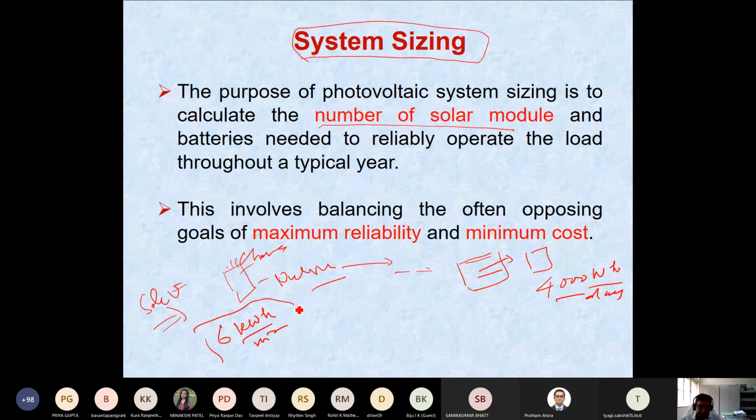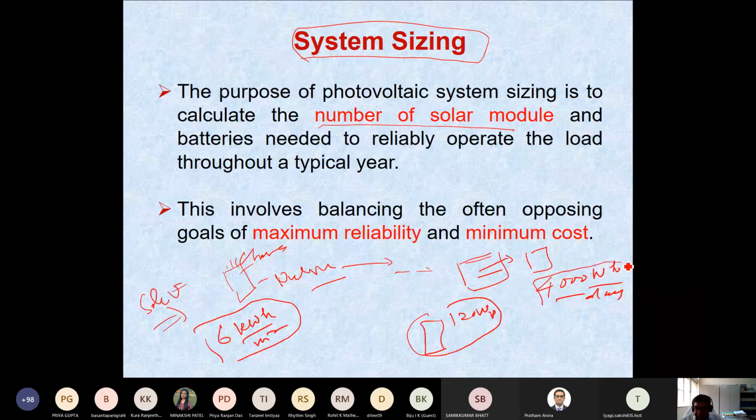And I want to select a module whose rating is, say, 120 watt peak. These are the things I have to take. Now, how many of these modules should I buy so that my requirement will be fulfilled?